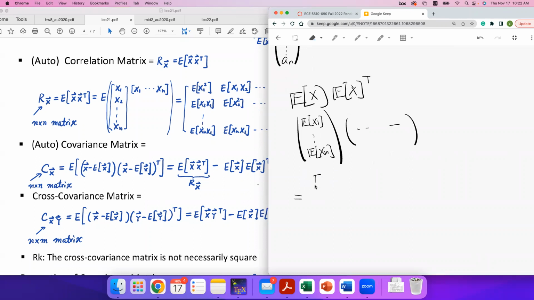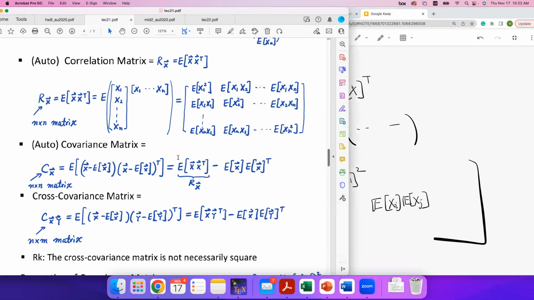Now, once you multiply these two, you get EX1 squared. So you basically get EXI times EXJ, right, for all the IJ pairs.